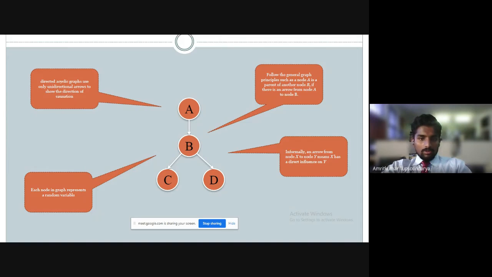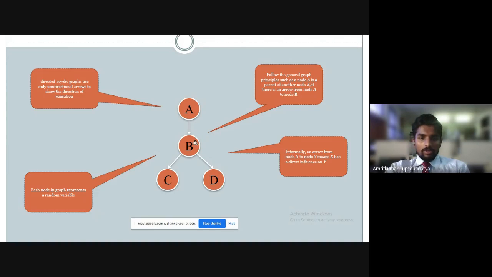An arrow from any node X to any node Y means X has direct influence on Y. For example, node B pointing to node C as well as node B pointing to node D. So B is an exceptional case where B has direct influence both on C as well as on D. But A has only a direct influence on just B. So this is the normal representation and explanation of this graph.